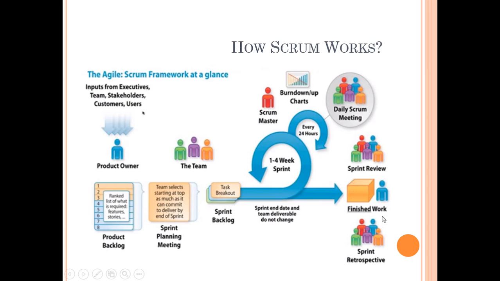That's where we call it a shippable product increment. If the product owner decides to ship to the customer, then it should be ready. It should fulfill the criteria of done. We may discuss the done criteria later on, but it should satisfy the acceptance criteria.